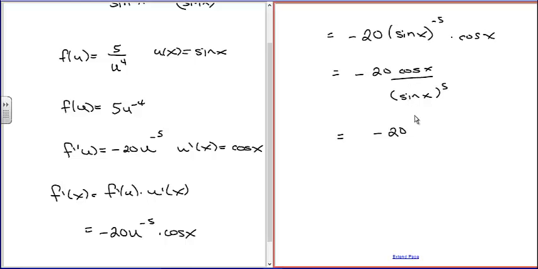So I could do cosine of x divided by sine of x times 1 over sine of x to the 4th power, and the cosine over the sine is the cotangent, and 1 over the sine is the cosecant.